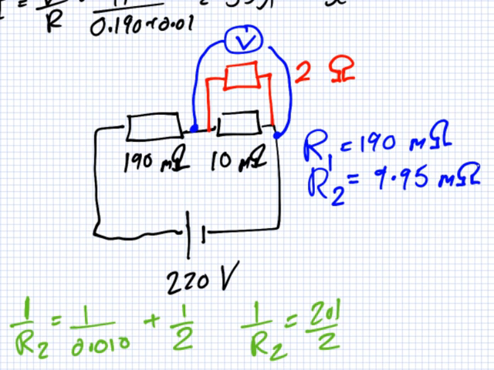Really? Yeah, because my calculator got 0. R is changed to R2. This here, ohms. This here, ohms. R2 will be 2 over 201, which is very small, so I just converted into milliohms here.